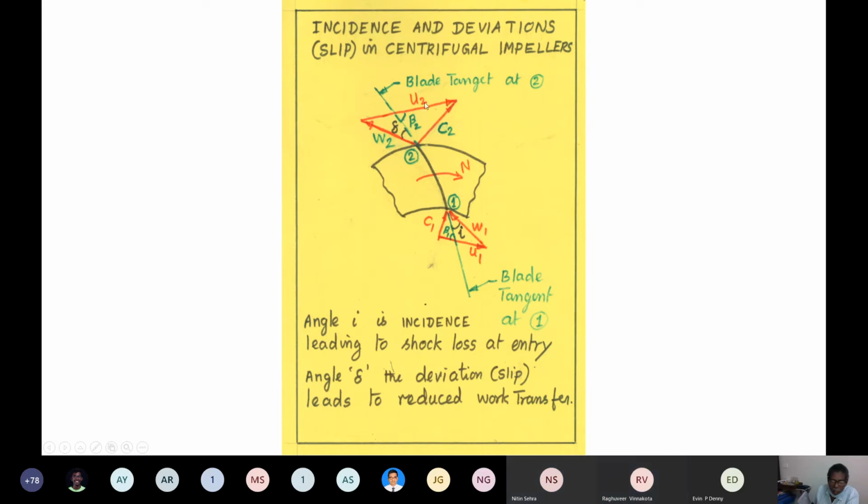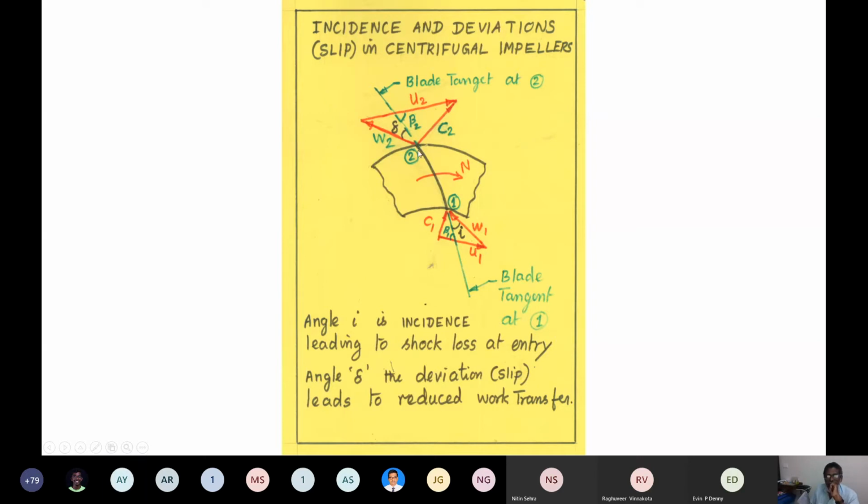No. See, for a particular impeller, the diameter is known, speed is known, so U2 is known. At point 2, U2 in magnitude and direction is known. When we think of analysis, we fix the discharge also, and for a given discharge the flow velocity is also fixed.